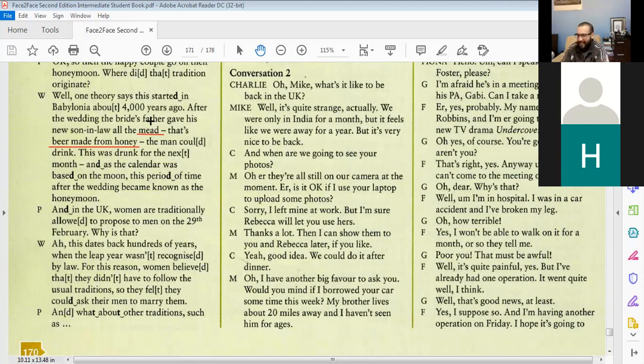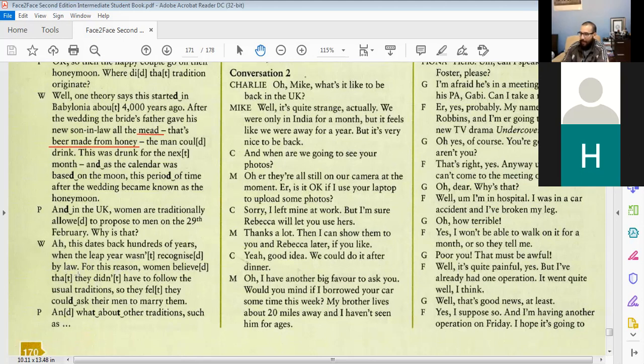Okay, so this is the story of the honeymoon. And then also the story of women proposing. I think it's also funny, right? Because it says the leap year wasn't recognized by law.